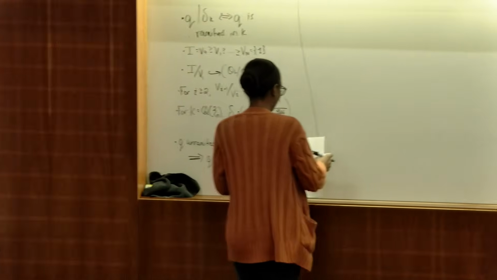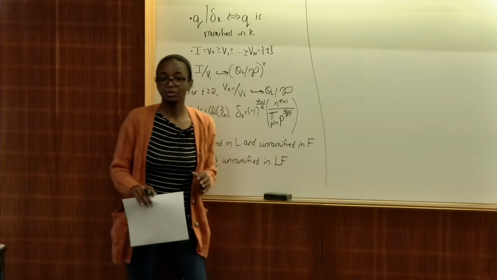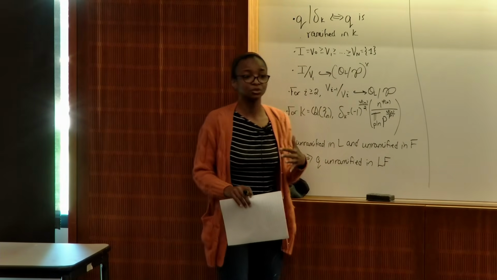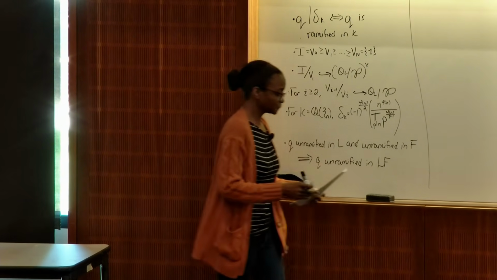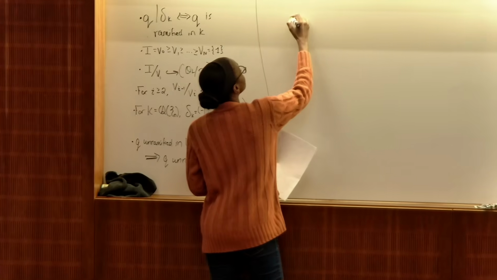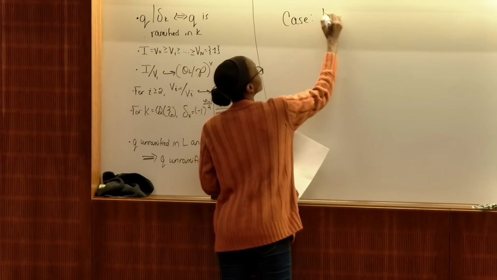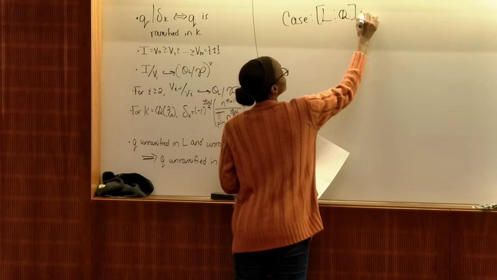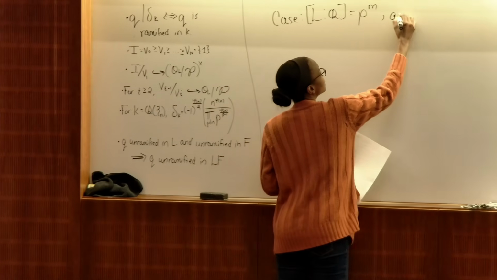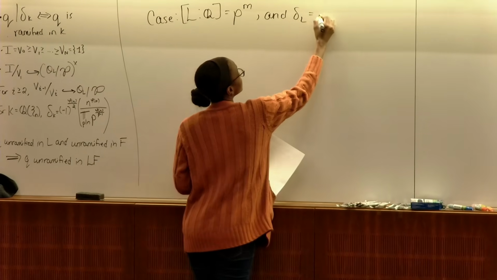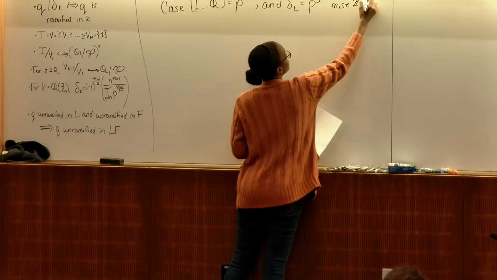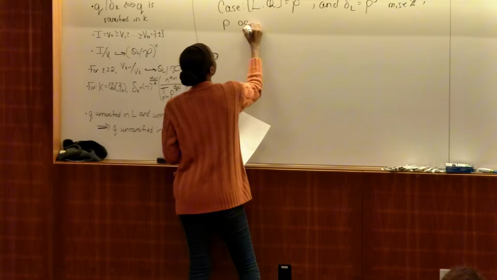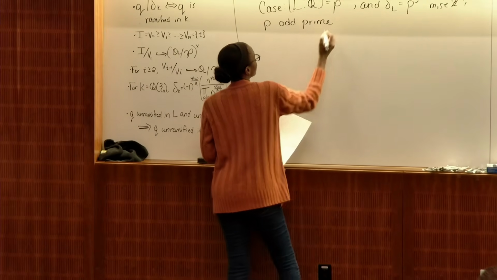Okay. All right, so there aren't going to be many details. I'm just going to try to give you a clear sketch of the proof so that you can see where some of these objects are appearing and why we're interested in them and what they buy for us. All right, so the degree of L over Q is p to the m, and the discriminant is p to the s, where p is an odd prime.